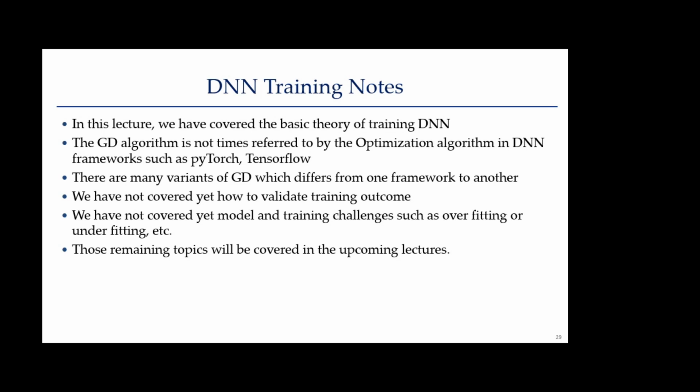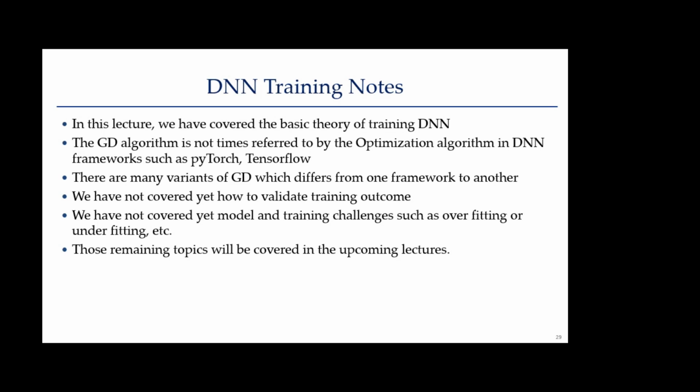To summarize what we have covered in this lecture, we have covered the basic theory of training. We talked about the gradient descent algorithm. We talked about the loss function.